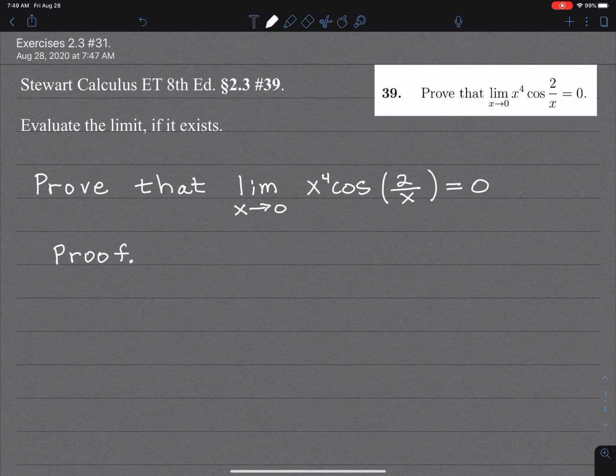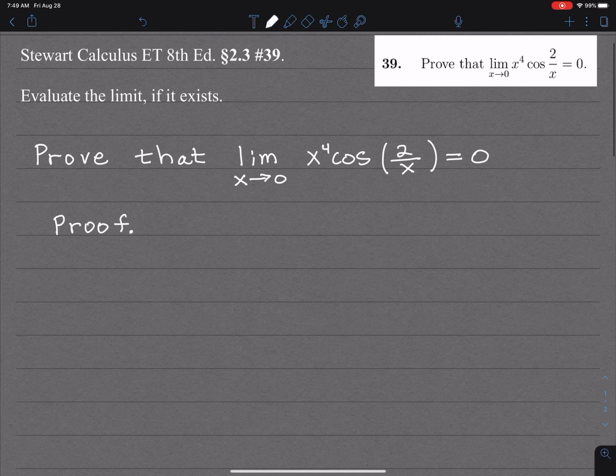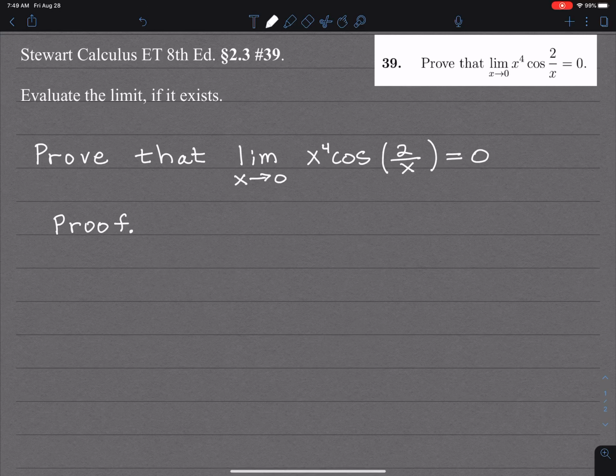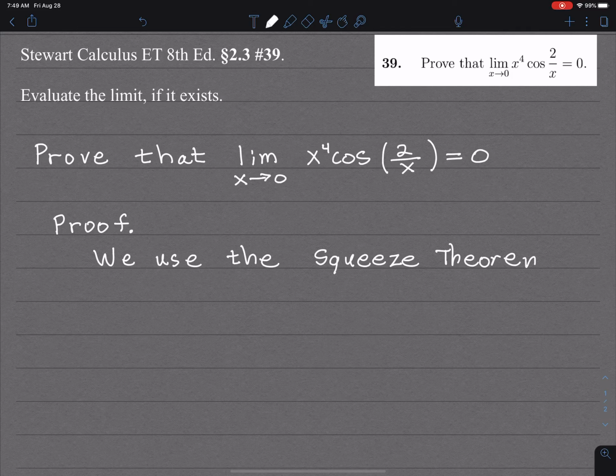They're saying prove this or show this. Show that this limit is equal to 0, or prove this limit is equal to 0. So this is a proof. What you do with the sandwich theorem or the squeeze theorem is we compare our very involved, complicated looking function to an easy or familiar function, a more elementary function.